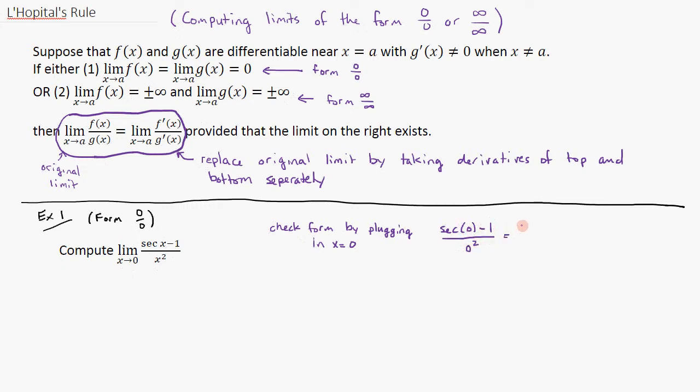Secant of 0 is 1, so the numerator is 1 minus 1, which is 0, and the denominator is just 0. So we see that the form is 0 over 0. Because we have the indeterminate form 0 over 0, we're allowed to use L'Hopital's rule to compute the limit.